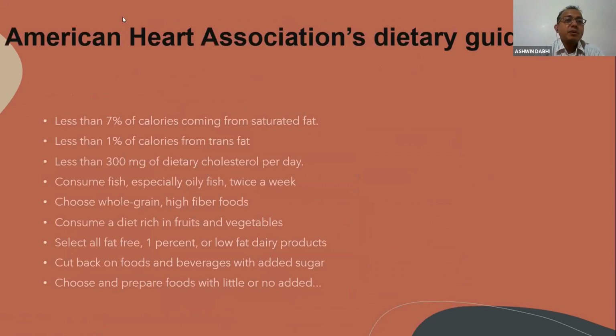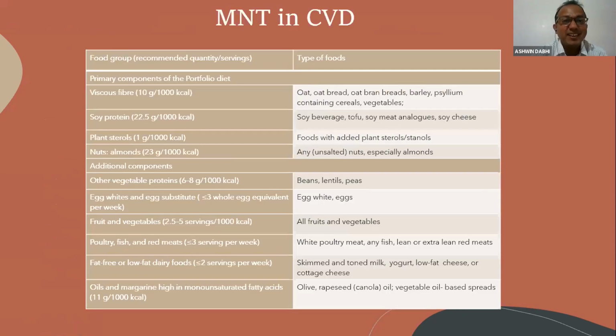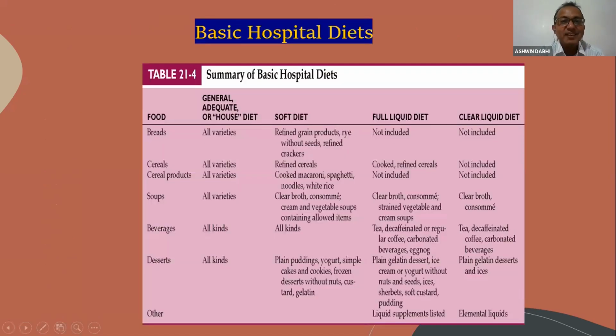So this is very important, and it has been defined by the American Heart Association. This looks very nice on the graph, but when it comes to actually implementing it at the bedside, we scratch our heads about how we are going to convert this into an actual meal plan. So this is very important. We should be incorporating diverse sources of energy, proteins, vitamins, nutrients, and lots of antioxidants and trace elements.